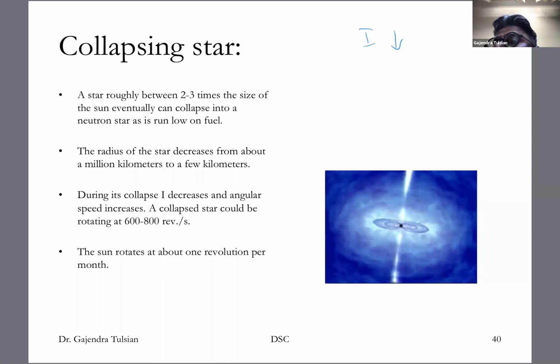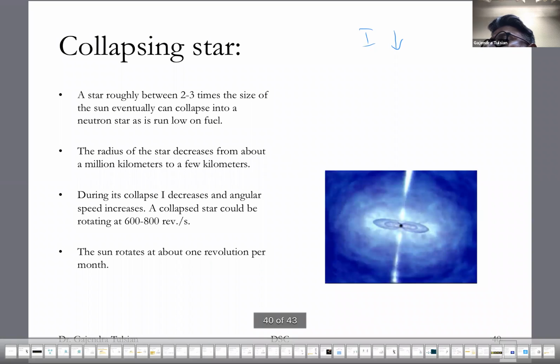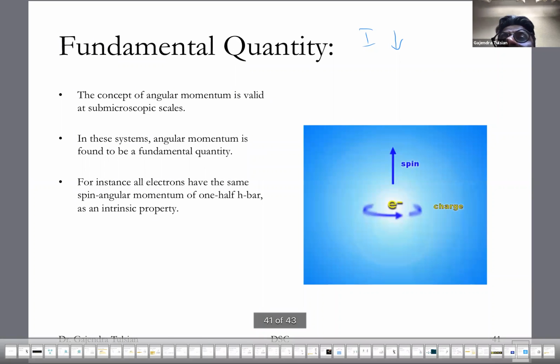Okay, so now it turns out that angular momentum is a fundamental quantity. Every particle, every electron for instance, is spinning, and every proton is spinning, every neutron has a spin.